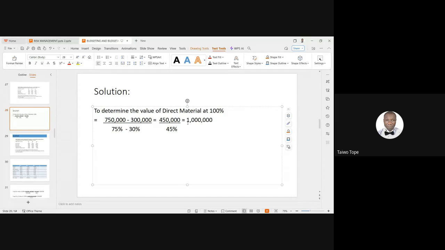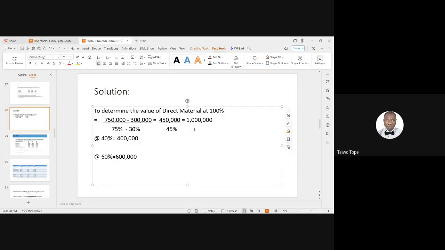So at 40%, what will be the value? If this is the value at 100%, at 40% it will be 400,000. Very good. At 40%, direct material will be 400,000. At 60%, it will be 600,000.